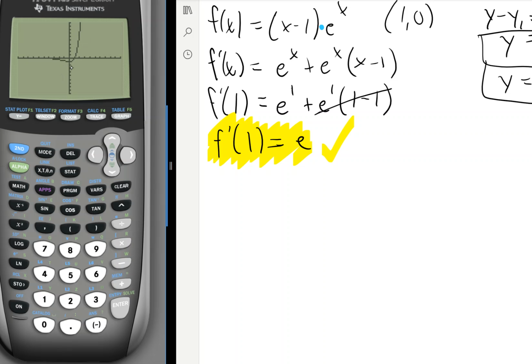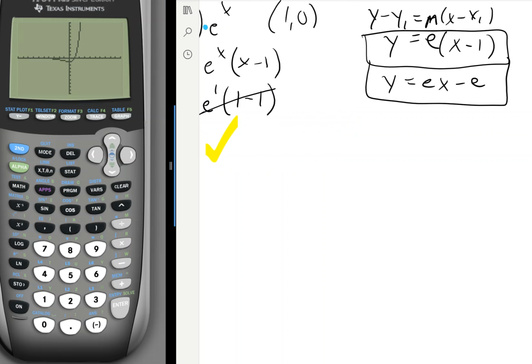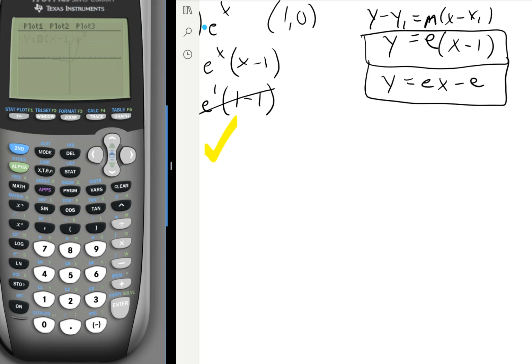So here's the tangent line. Hopefully this equation is this line right here. So let's go ahead and graph it. Slope of e, y-intercept of negative e, and there we go. Looks good. So that one also checks out.